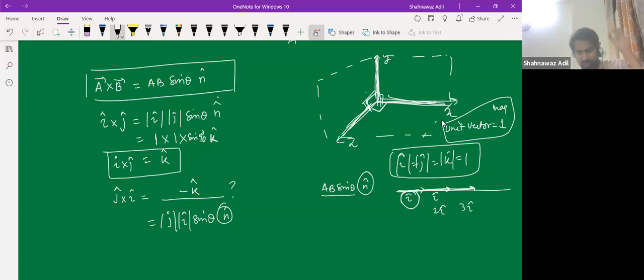Right. So magnitude of J is 1, magnitude of I is 1, sine 90 is 1, and we have to find out what would be the direction. So what was the idea that I have to apply? This is X, I hat, this is J hat.